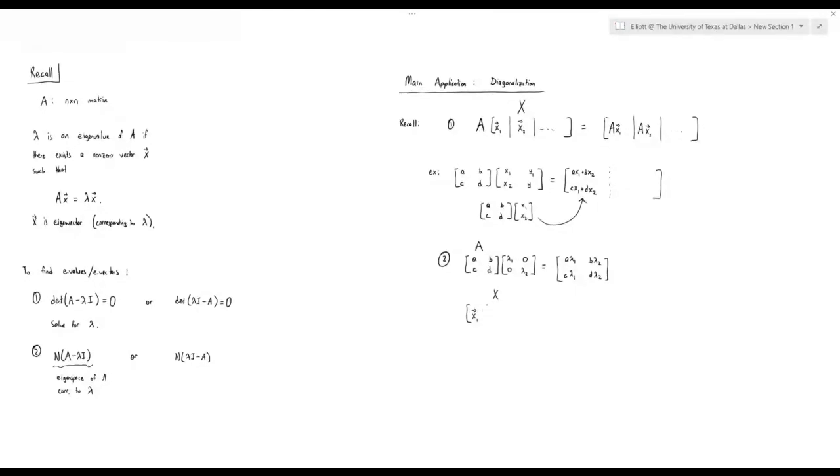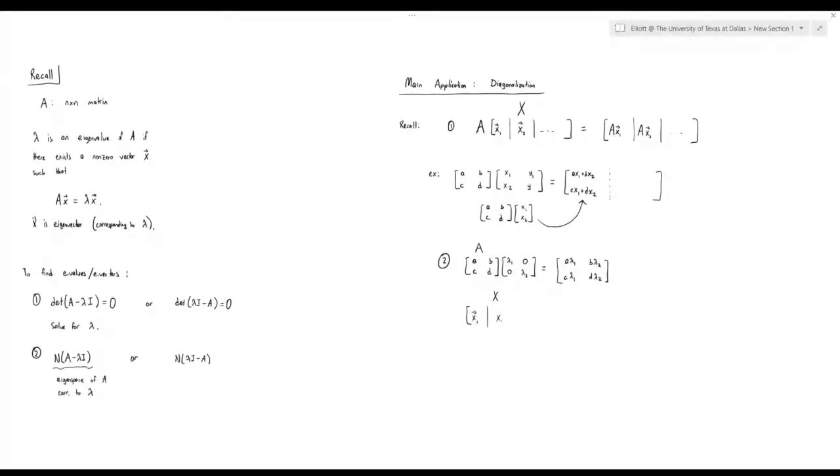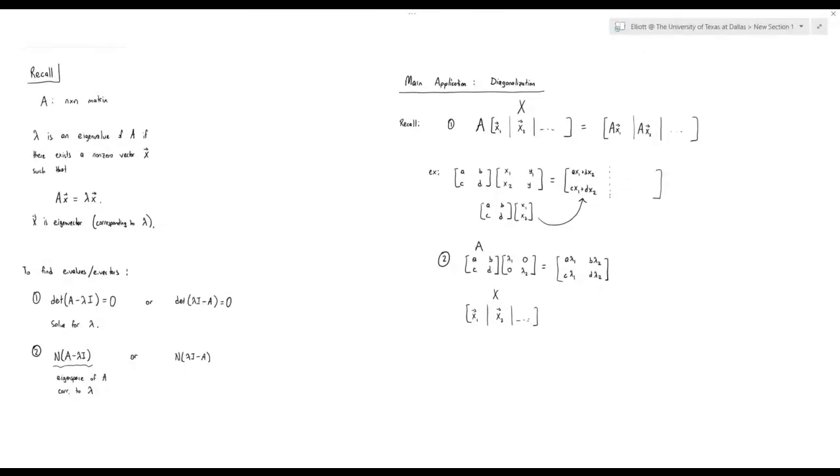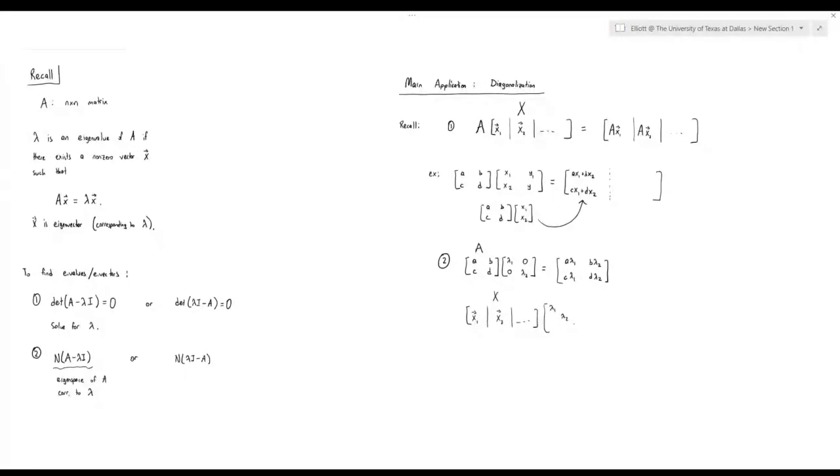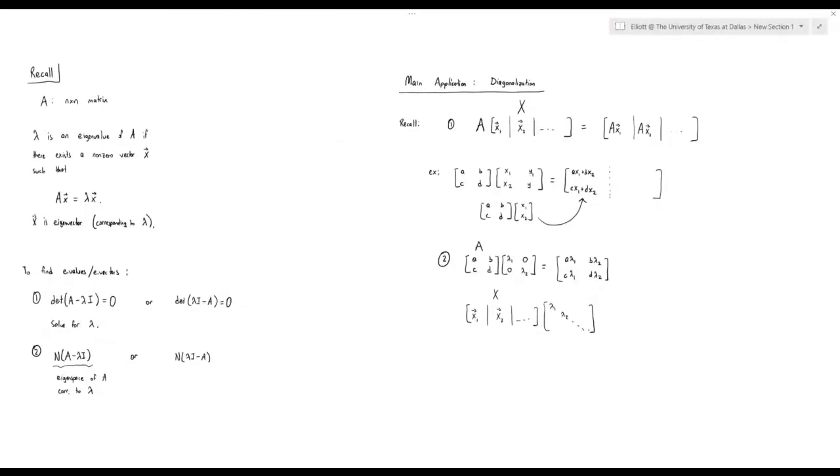So in general, let's say you had a matrix X, its first column is X1, its second column is X2, and so forth. When you multiply on the right by a diagonal matrix, the first column of the product will be lambda 1 times the first column of X, so lambda 1 X1.